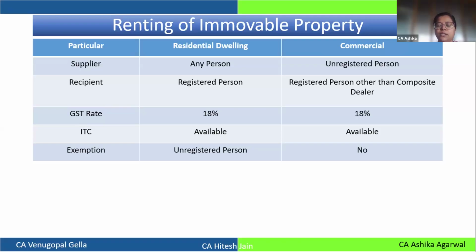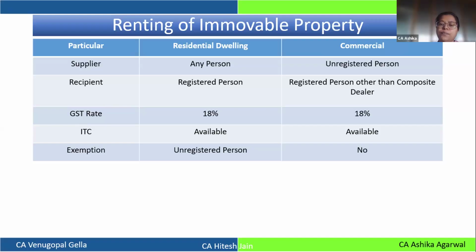Now, the second part is about the ITC. Here we have written ITC available, but still the department may disallow for residential dwelling. Why? Because it is being used for personal consumption of employee. That is what the department's contention will be, that it is being used for personal consumption because he is staying there.